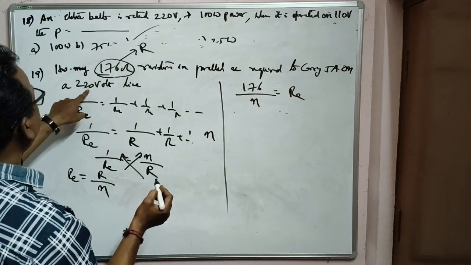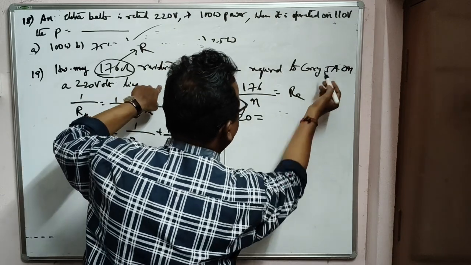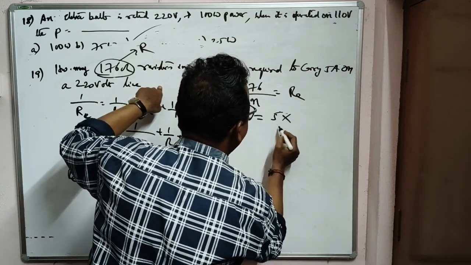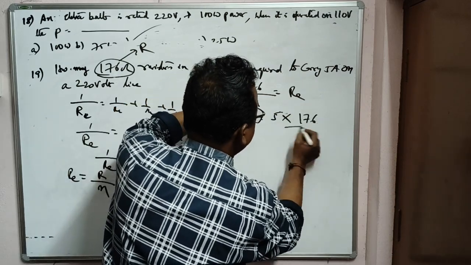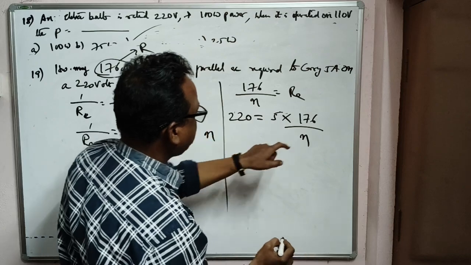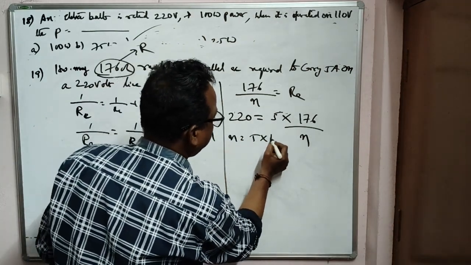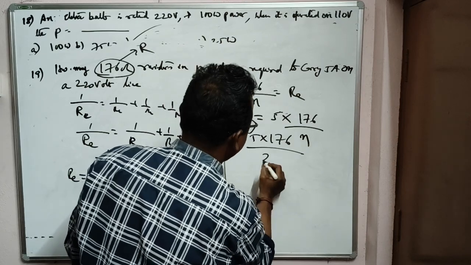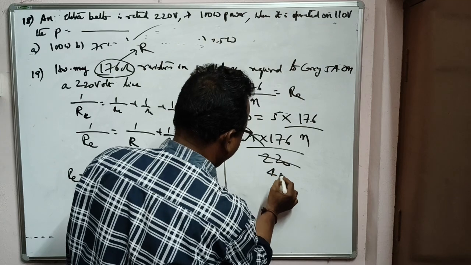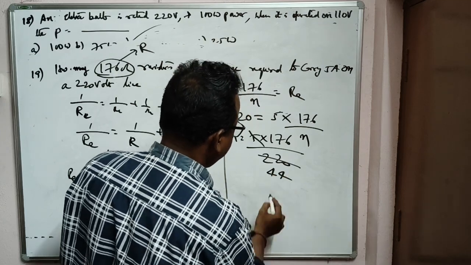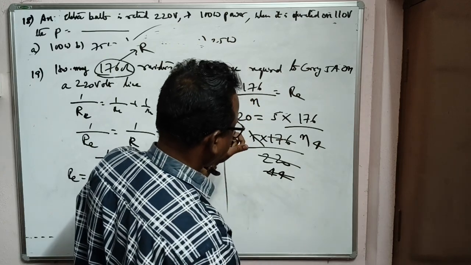Now what is given? 220 volts is given, and current is also given. 220 V is equal to 5 A into the resistance value, the effective value, that is 176 by N. So from this you can get the N value. N is equal to 5 into 176 by 220. 5 ones are 5, 44 ones are 44, 4 fours are 16 plus 1, 17.